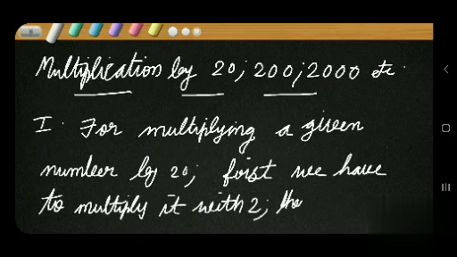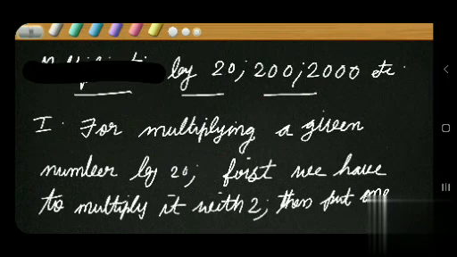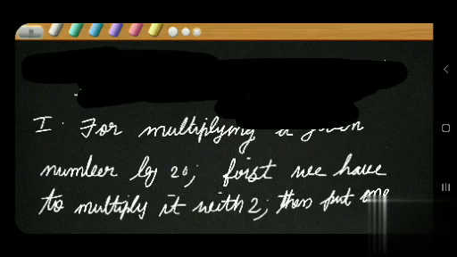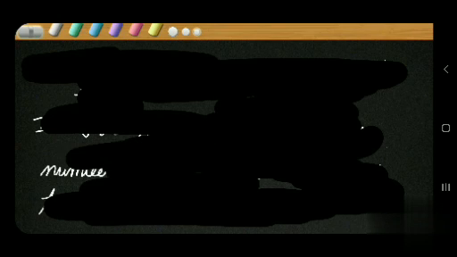Then put 1 zero. Why do we put 1 zero here? Yes, in 20 there is only 1 zero. Then put 1 zero on the right side of this product.